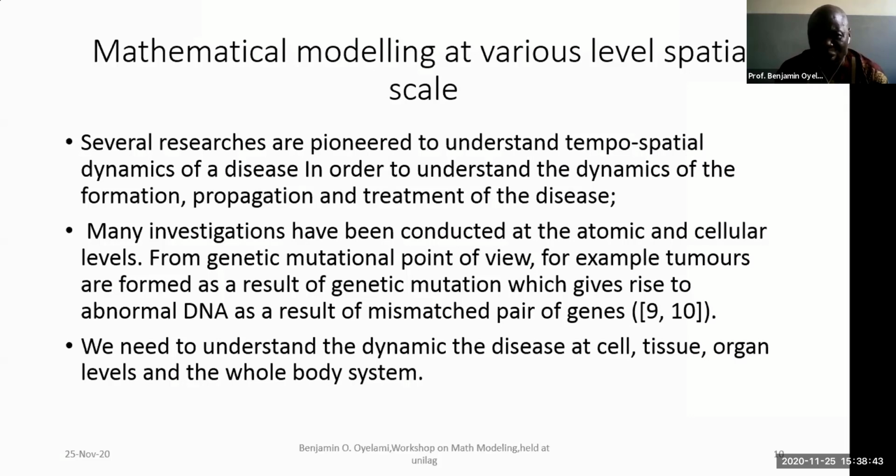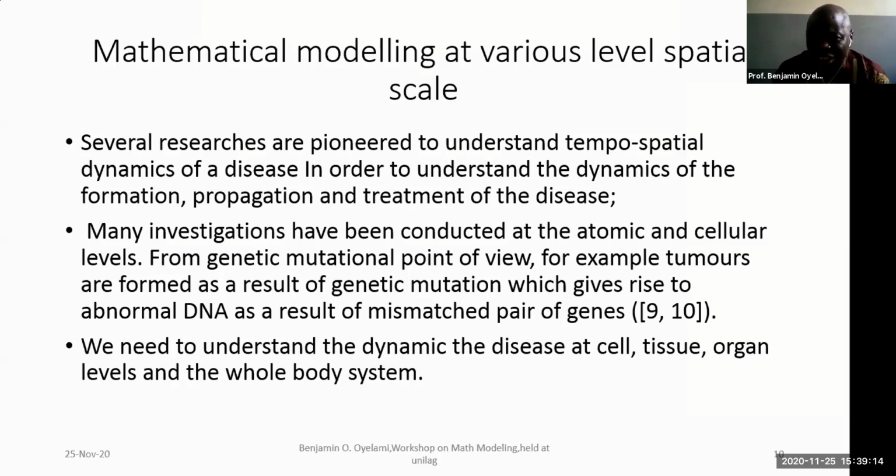So why are we talking about various spatial time scales? For example, with COVID, every day the Centers for Disease Control report how the disease is growing all over the world, from one country to another. Then we can also look at the disease if it's planted in one human being: how does it grow in the bloodstream of the person? How does it grow in the tissue of the person?